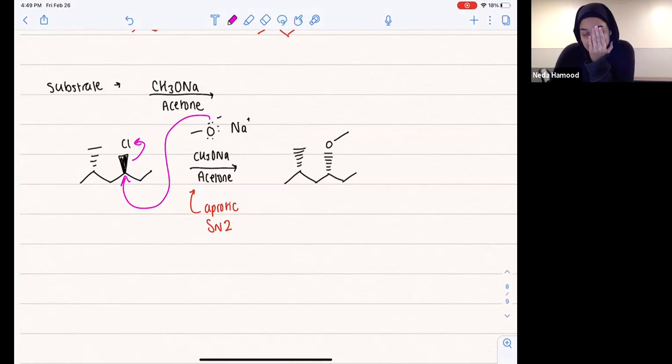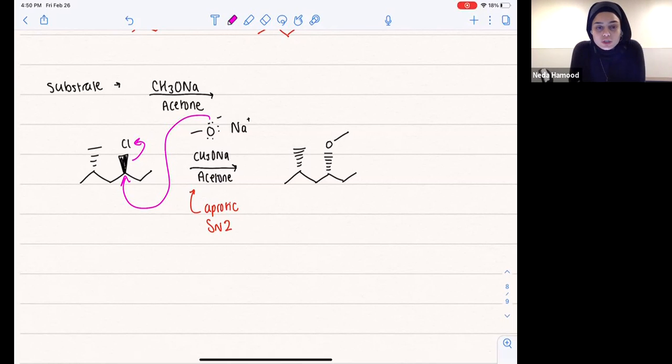I feel like Dr. Dowdy knows how much information is on this, and he is going to keep the questions like how I've had them. So with this reaction here, I could tell right off the bat that this would be SN2 just by the fact that I have an aprotic solvent.